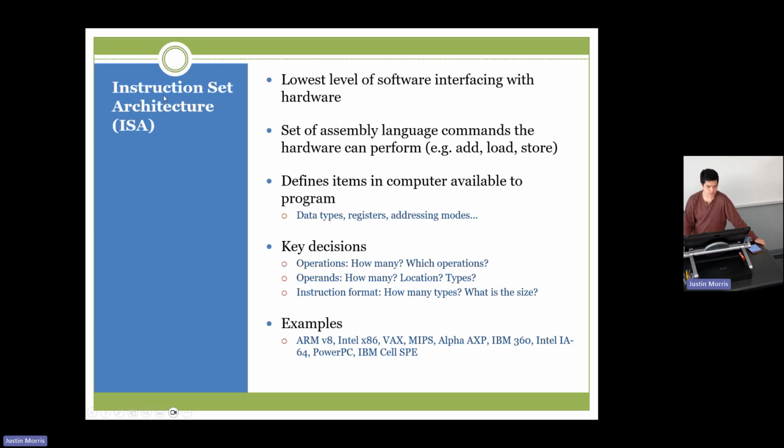Right. So instruction set architecture is the lowest level of software interfacing with that hardware. So it is very important that you get this part of the equation correct, because you do not want to have to change your instruction set architecture. Because if you change it, suddenly all of the programs that you have previously compiled and run on your old CPUs will not run on your new CPUs.